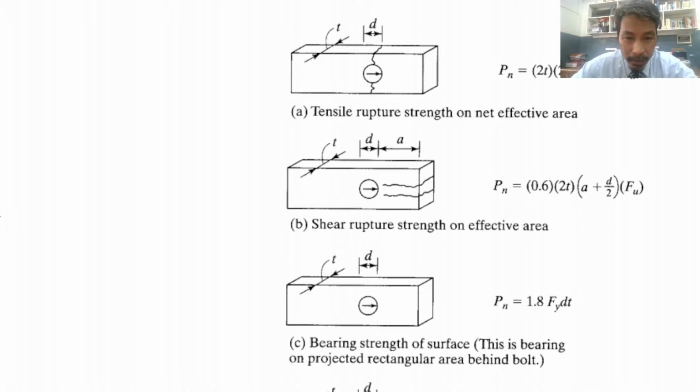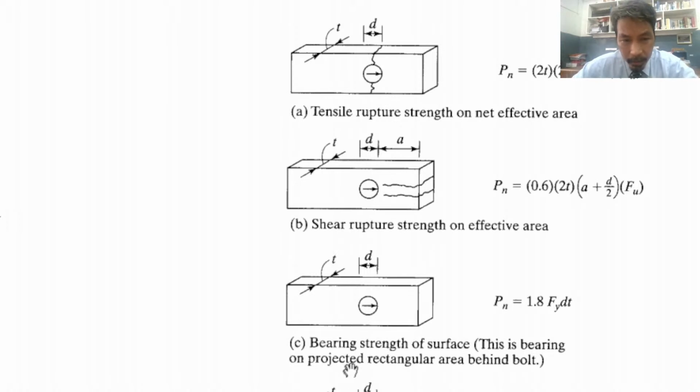For bearing strength, 1.8 F_y d t, where d is the diameter of the hole. So this is the rupture. This area is the rupturing. Tensile rupture, shear rupture. Usually it is tensile rupture rather than shear rupture.